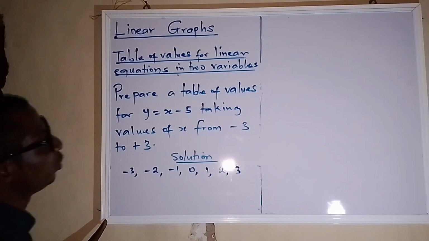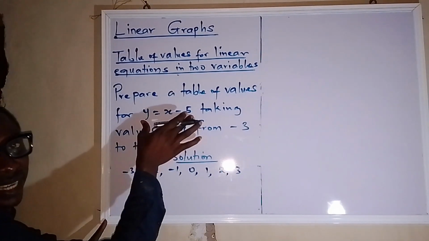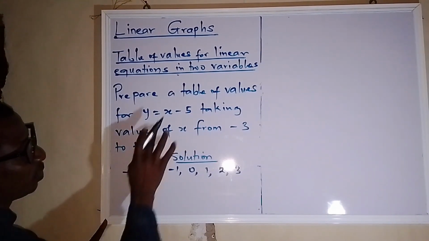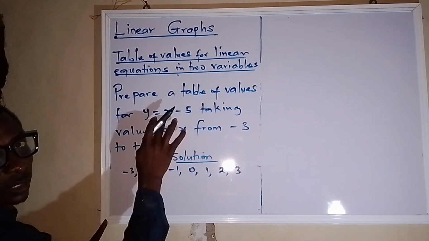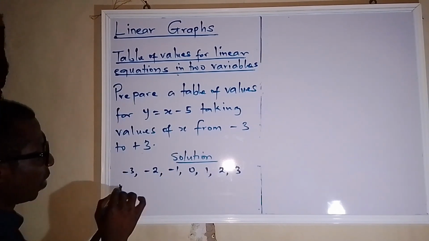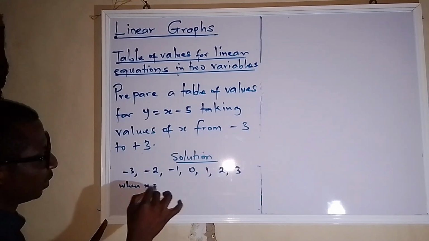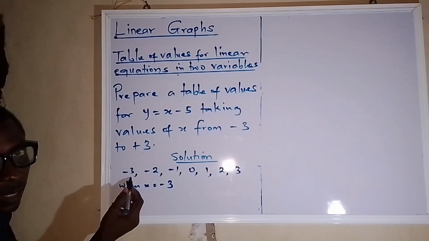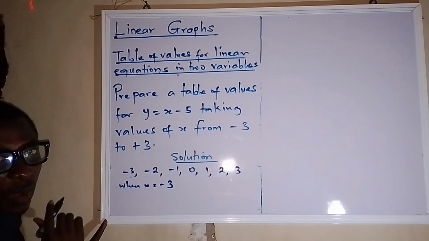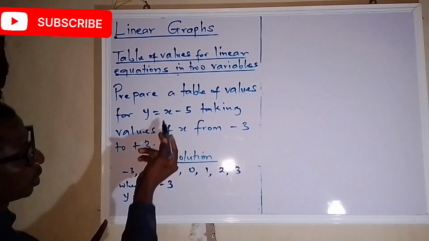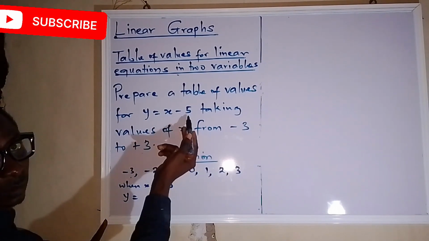Now what we are going to do is pick this linear equation and substitute the value of x into the linear equation. Let us start when x is minus 3. So what is going to be y? We just write this equation, y equals x minus 5.